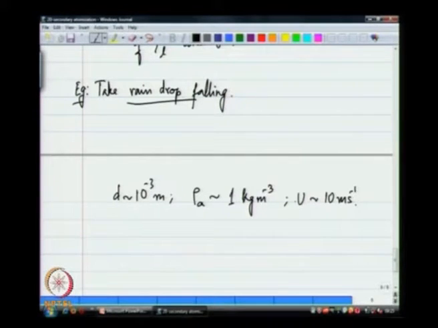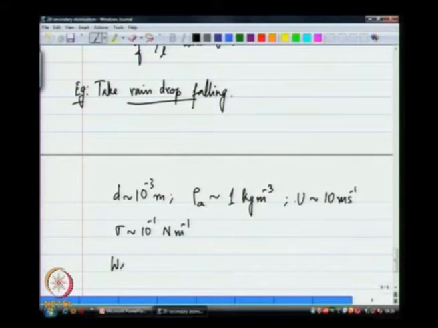This is sort of an overestimation, we will see what this number looks like, and sigma for water is about 10 power minus 1 Newton per meter approximately. Okay, it's about between 10 power minus 2 and 10 power minus 1.